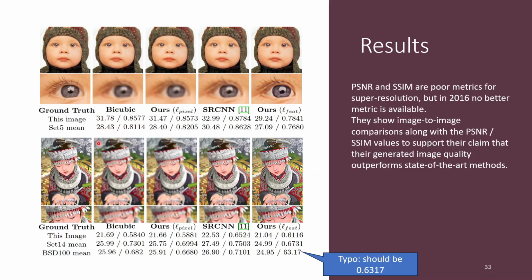But when you just see the numbers generated by the two metrics, theirs are not the best one. They are only 29, but for the three other methods, the numbers are all greater than 30. And their SSIM is also less than 0.8, and all others are greater than 0.8.